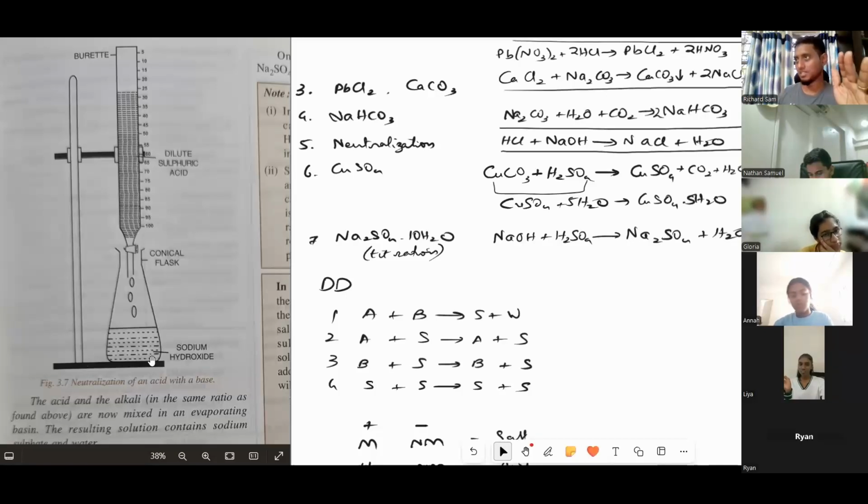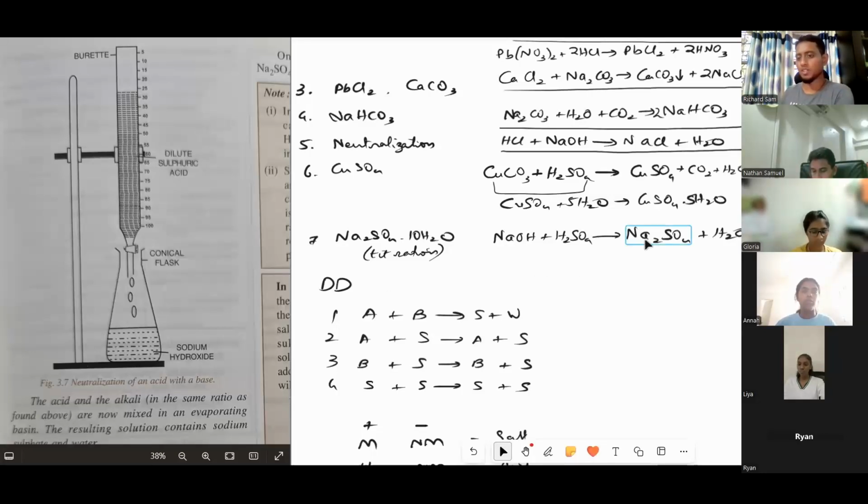It will become colorless. If it becomes colorless, it means all the base is gone. As long as the base was present here, the color will remain pink. But if the pink goes, it means all the base is gone because it has reacted. It got neutralized.